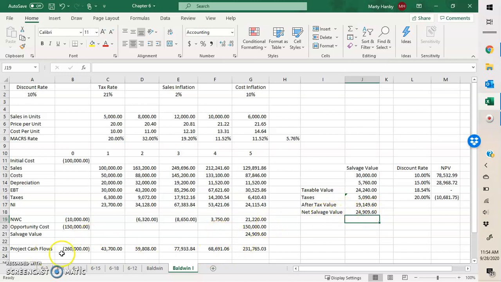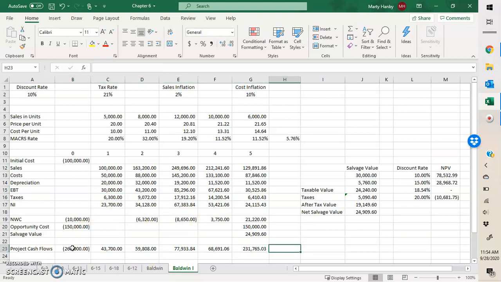We're basically calculating our operating cash flows, and then adding back. Our operating cash flow is our earnings before taxes plus depreciation minus taxes, the way I'm calculating it here. And any other cash flows we add back. So these are our project cash flows.